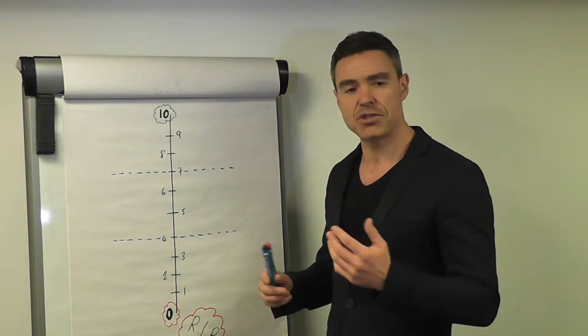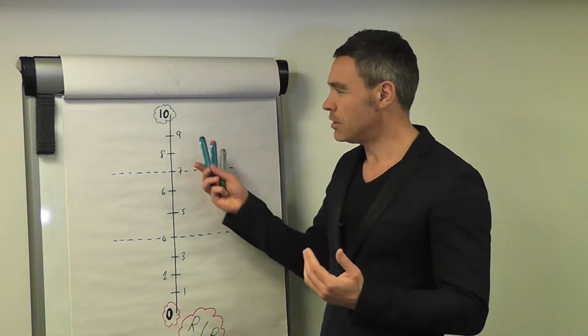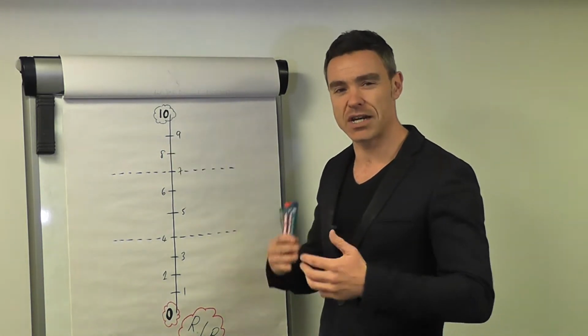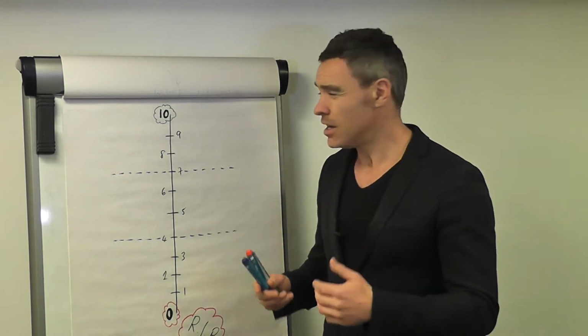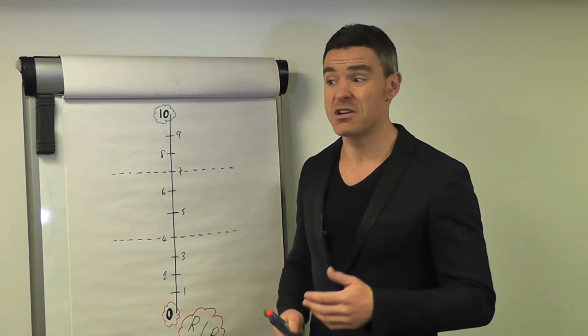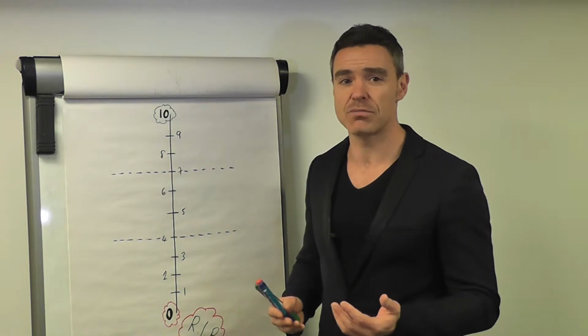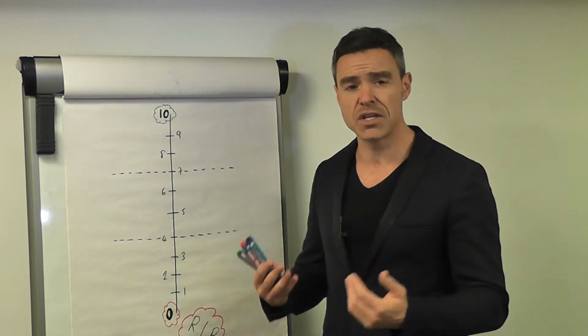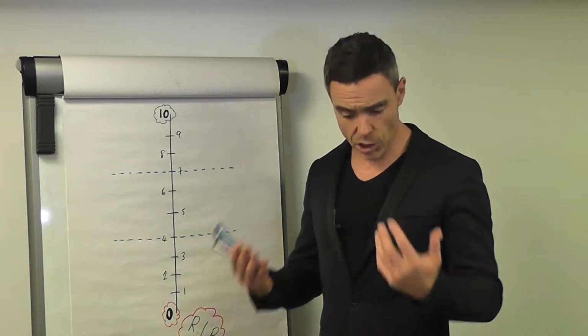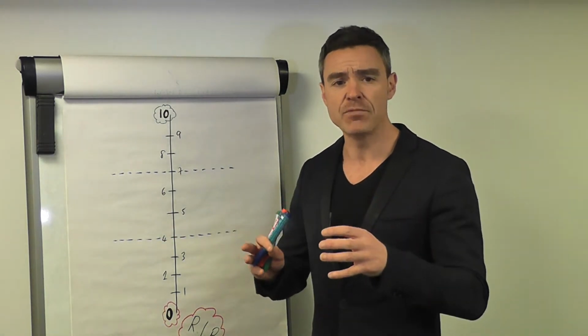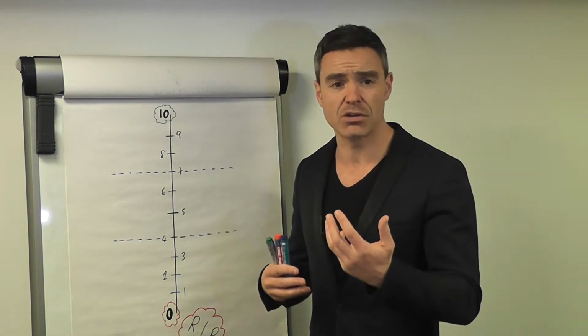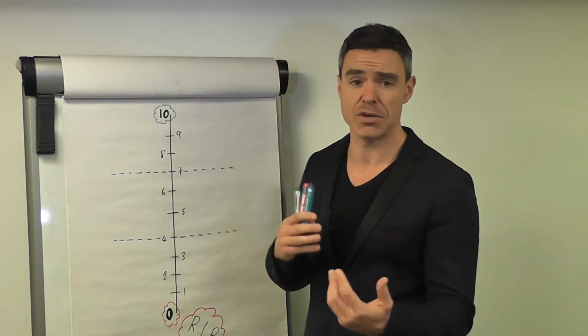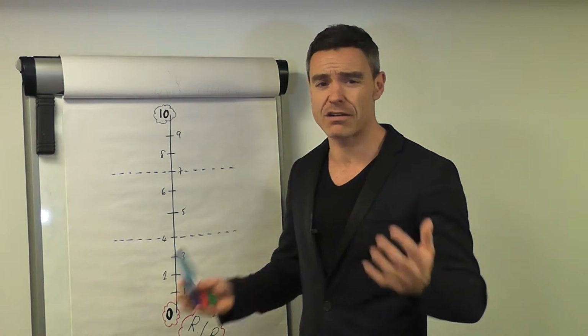So let's just, for example, think about a number 10 or a number 9, which is kind of health mastery, if you like. These are the people who are walking around not really having any symptoms at all. They generally feel really good, high energy levels, good moods, they sleep deeply, they look healthy to the outside observer, their thinking patterns are great, they don't do too badly with stress, they just generally kind of walk around and feel good.